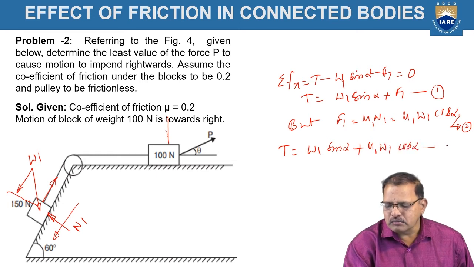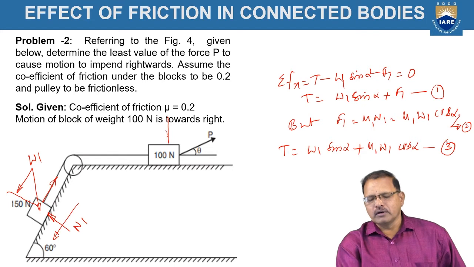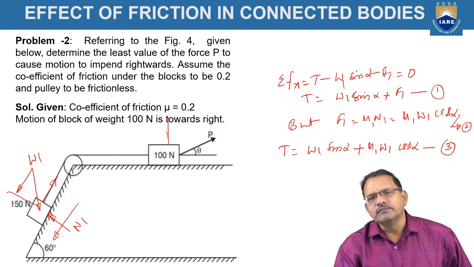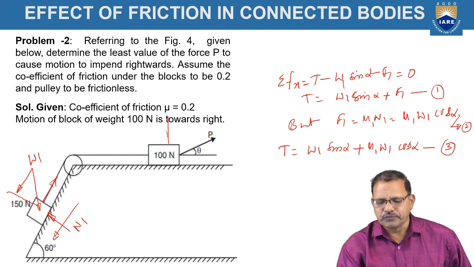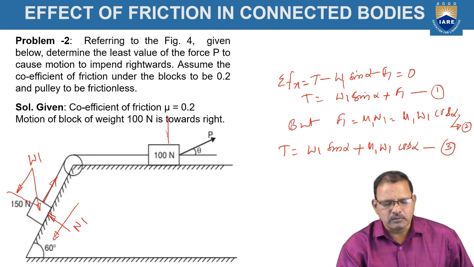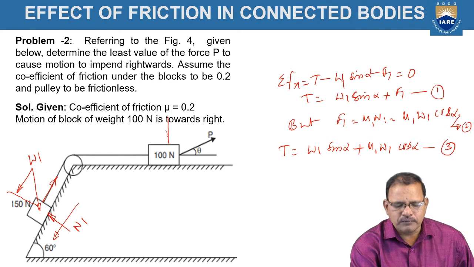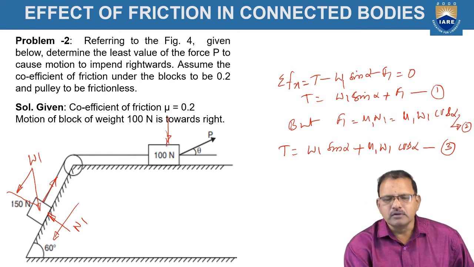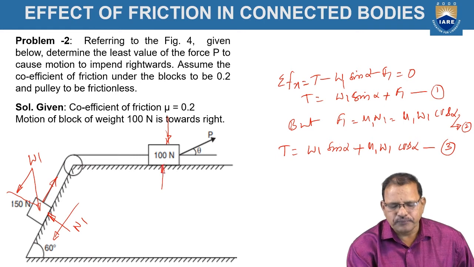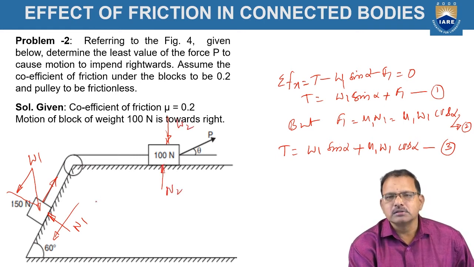This is equation number 3. We got the relationship between T and the coefficient of friction, the weight of the body and the angle of inclination. Similarly, considering the second body W2, which is equal to 100 newtons, the normal reaction is acting in the upward direction and W2 in the downward direction.